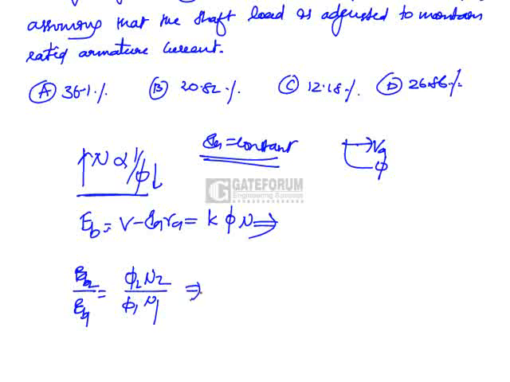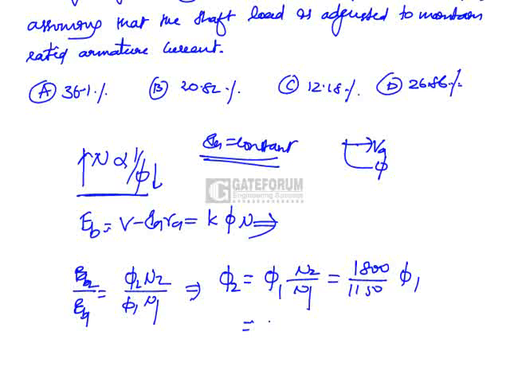From this we have to calculate phi2 in terms of phi1. So phi2 equals phi1 times N1 by N2, where N2 by N1 is 1800 divided by 1150.